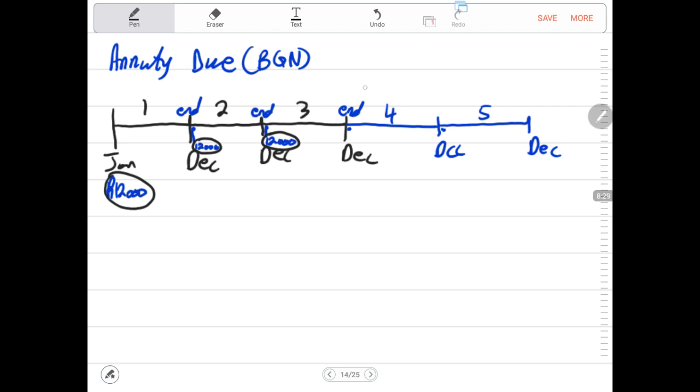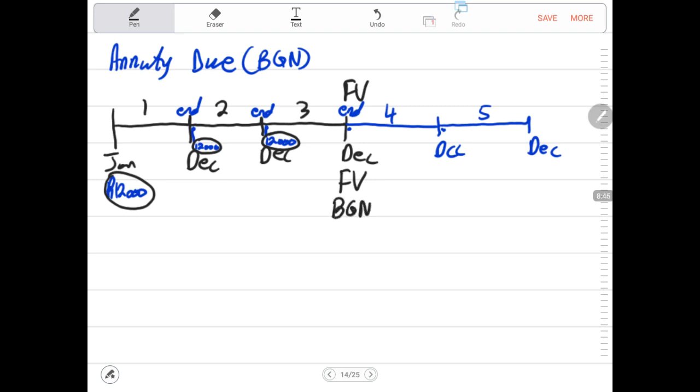But we are looking for the future value at the end of year 3, therefore the button called BGN will have to be used.